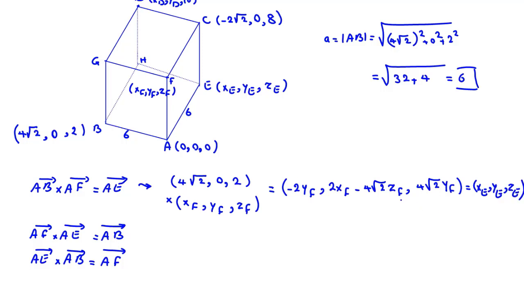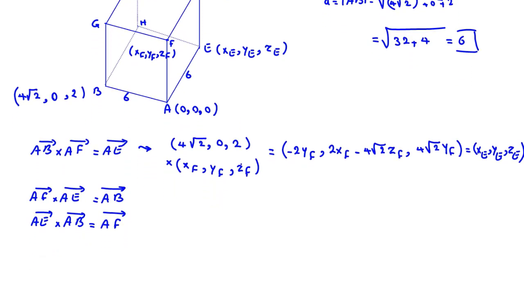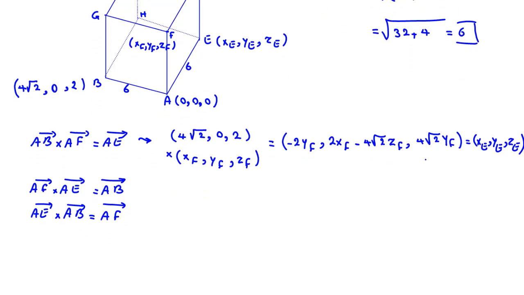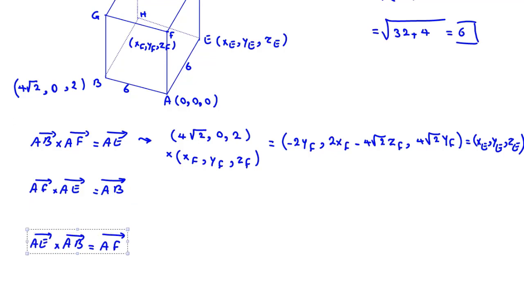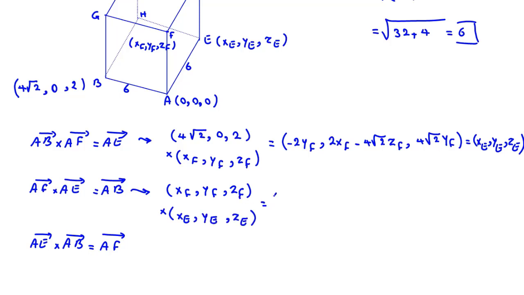We have 6 variables that we want to find. So here you can use, for example, 3 equations. So let's consider now AF cross AE. AF is (XF, YF, ZF), AE is (XE, YE, ZE). And if you calculate, it will be YF ZE minus ZF YE by the definition of cross product.